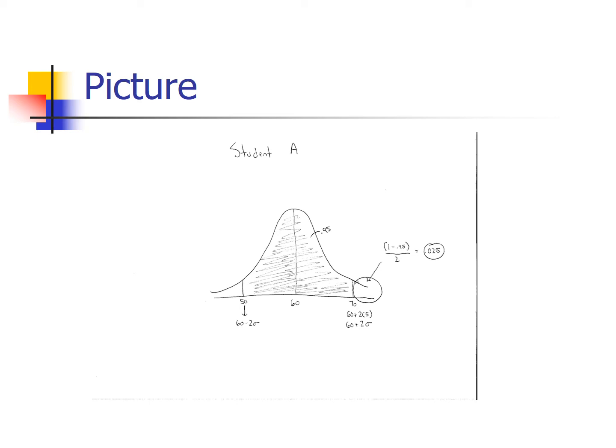If 95% is in the middle, then 1 minus 95%, which is 5%, is left over. That 5% gets split evenly between the two tails. So if I take that 5% and split it in half, I get 0.025, which is 2.5%. That's why the area to the right of 70, the percent of the class that scored more than child A, is 2.5%.